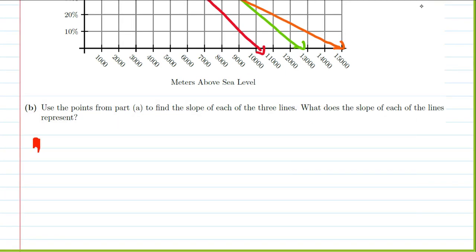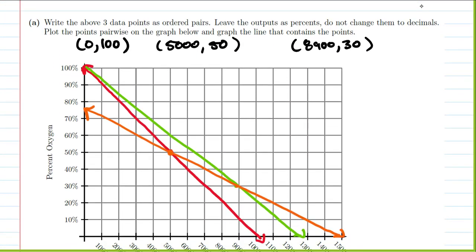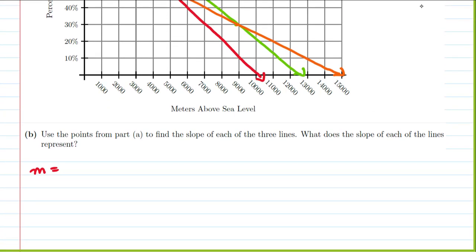So its slope is going to be m is equal to, and our two ordered pairs were 0, 100, and 5,000, 50.